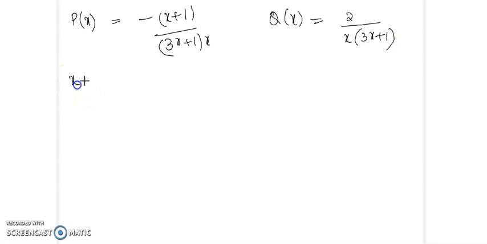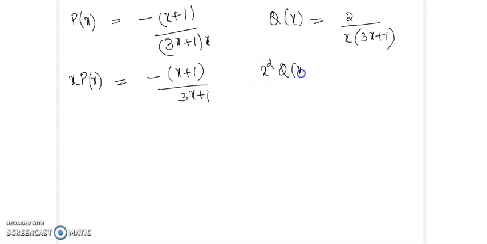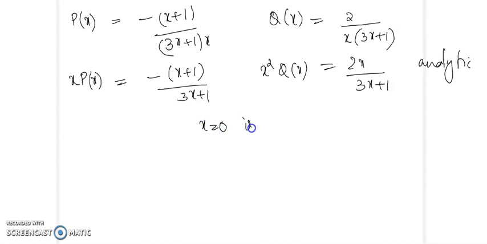So when you take x into p of x, that is minus x plus 1 by 3x plus 1, and x squared into q of x is 2x by 3x plus 1. So these are analytic. Therefore x equal to 0 is a regular singular point.